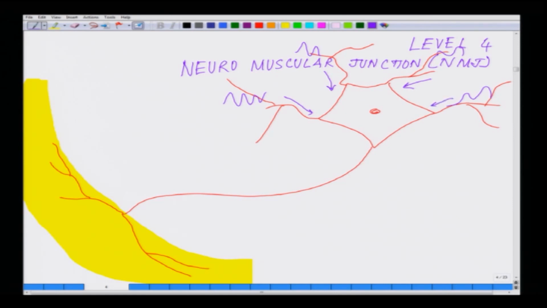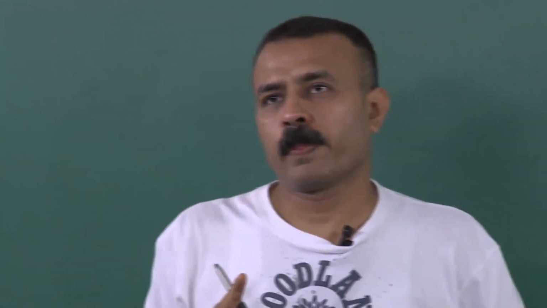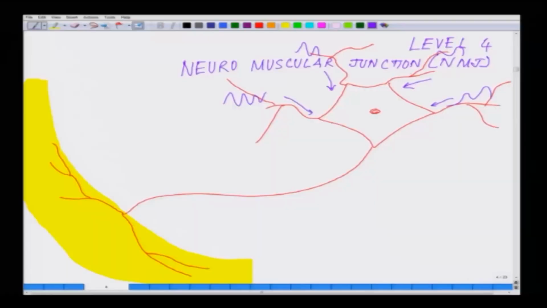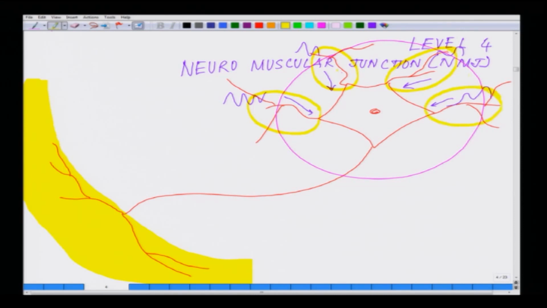So, there is a form of spatial and temporal summation of information. Spatial in the sense that if you look at this whole image, signals are coming from different locations in space. It is coming from here, from here, from here, from here. Okay.